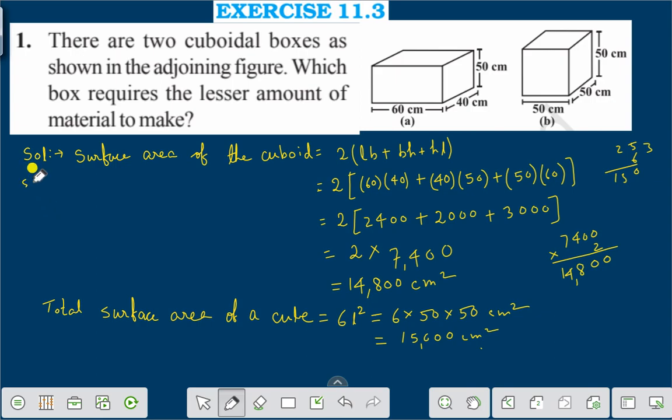Here you see that the surface area of the cuboid is less than the surface area of the cube.